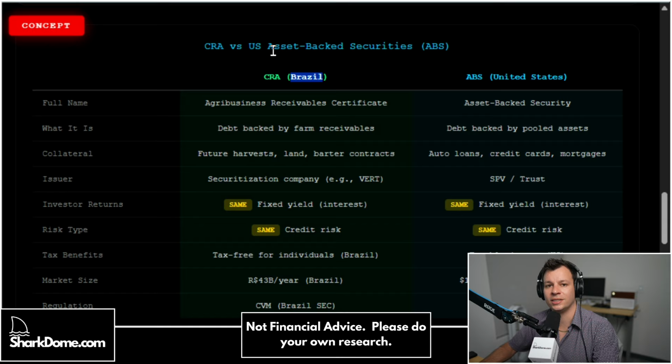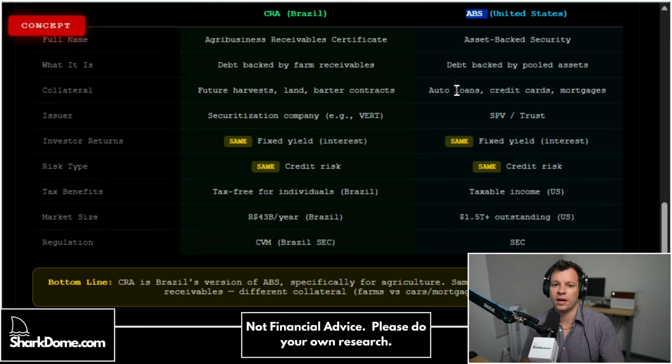So a CRA from Brazil is similar to an asset-backed security here in the United States. I'm going to leave this on here, and I'm just going to talk to you. Really, the name of the game is generate these contracts that represent securities and tokenize them, which is an NFT. And the reason why they do that is to bring credibility to their debt instrument that they just created.